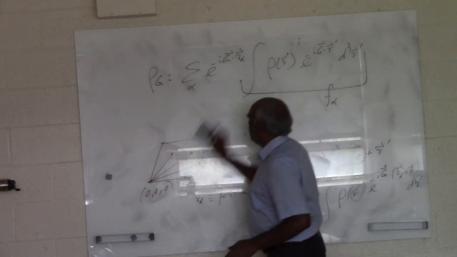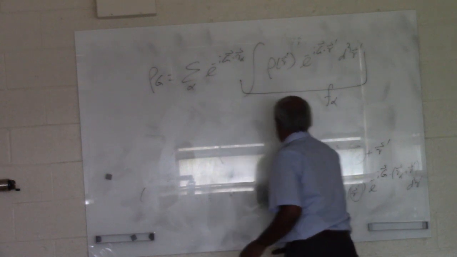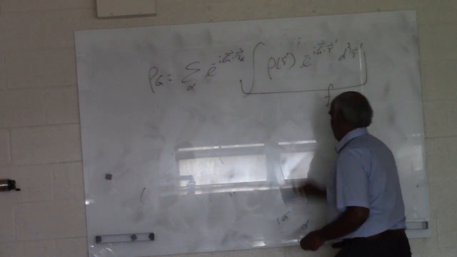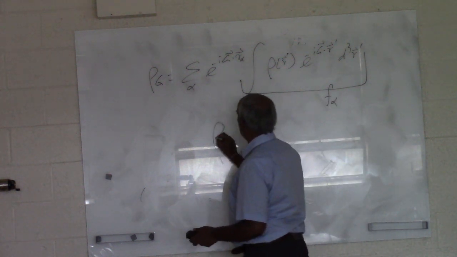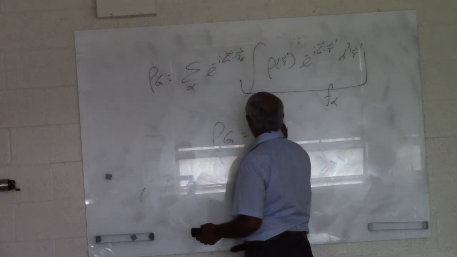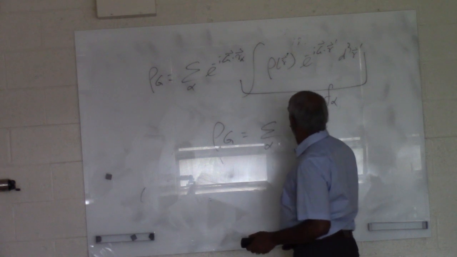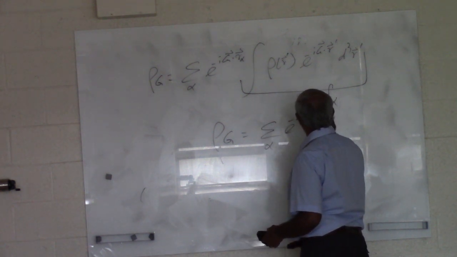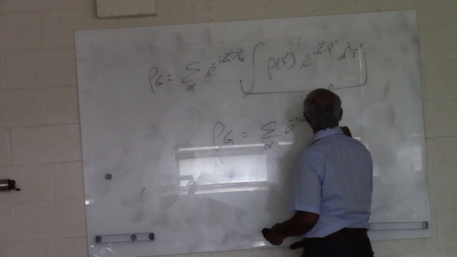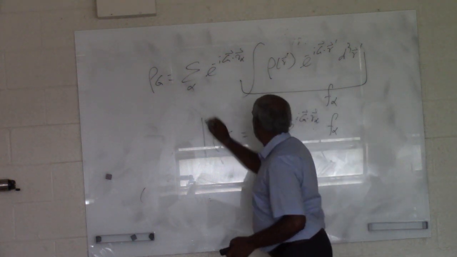This is the only thing you need to understand in the rest of the class. So you can write this rho G as the sum over alpha of E minus I G dot R alpha times this F alpha for given alpha.